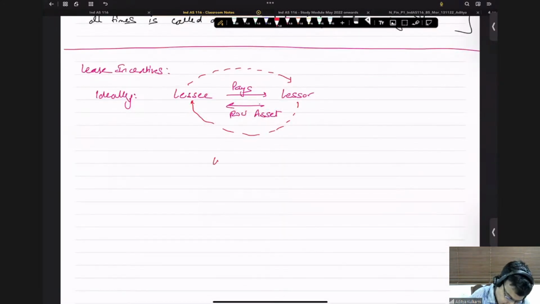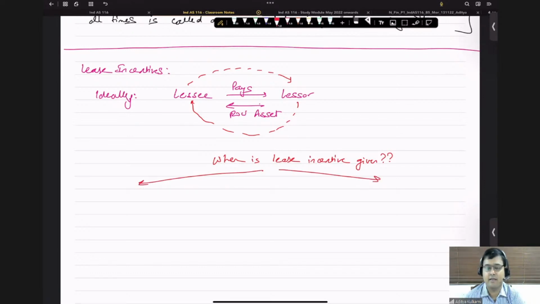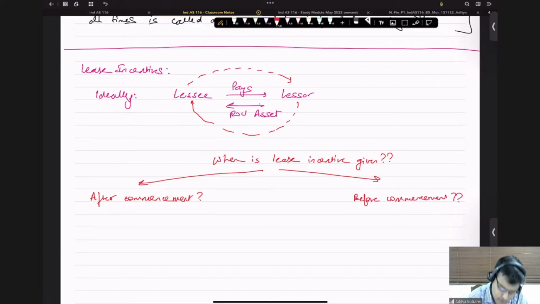So the question arises, when is a lease incentive given? Now we answer this question. Is it given after commencement, or is it given before the commencement?